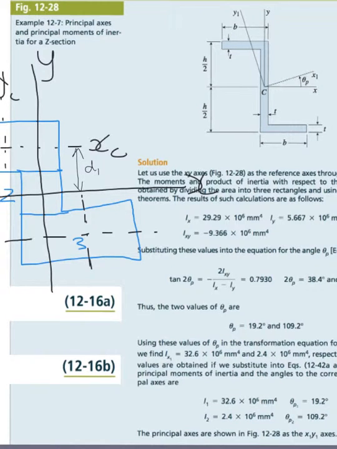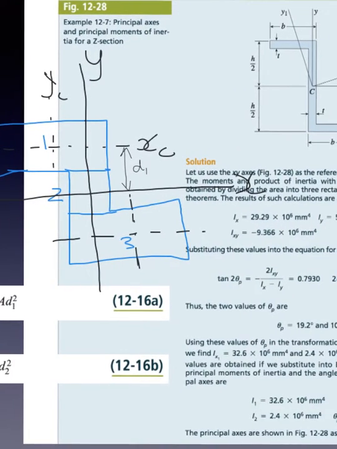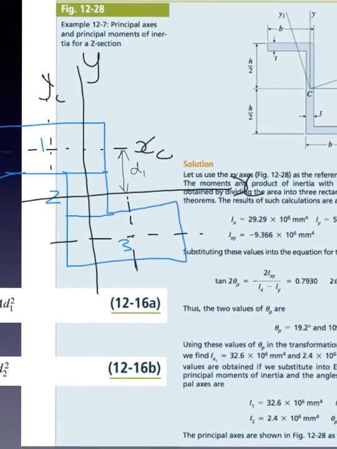And if we look at the second equation here, D2 will be the distance between the local neutral axis of the Y. Let me just indicate quickly. The D2 will be the distance between the YC and this one here.